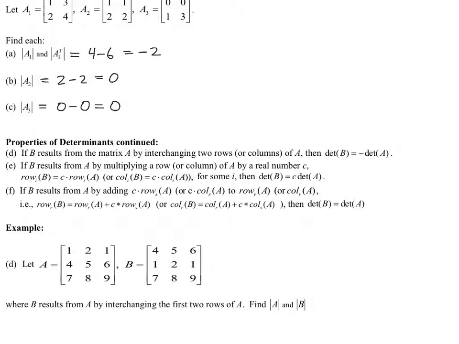One's twice as long as the other, so the magnitudes are different. And so therefore, if I had that vector making up part of a matrix, that determinant should be different. But if I perform this particular operation, it does not change the determinant.